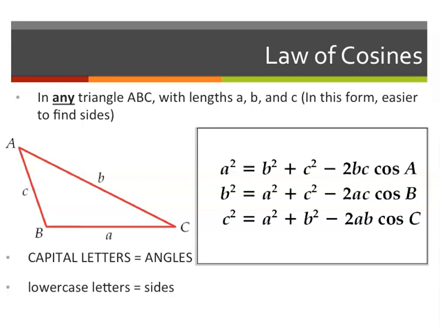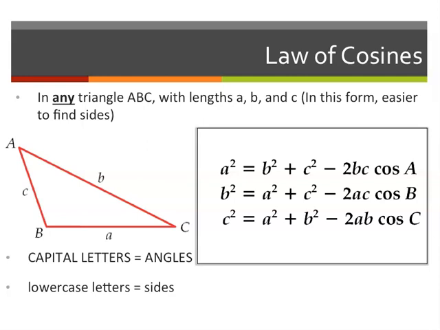Now, what if instead of the measures of the sides, you were trying to figure out the measure of the angles? There's an alternate form, which really is just the same equation, but getting the cosine of the angle by itself. For example, in the first one, if we were to subtract b squared, subtract c squared, and then divide everything by negative 2bc, that would give us cosine of A by itself.